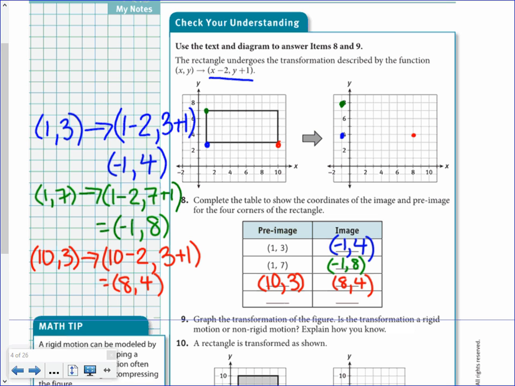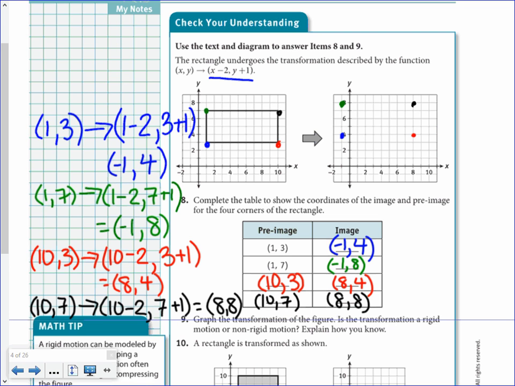And then the last one, our top right corner, is currently located for our pre-image at 10, 7. And so if you apply the same formula, 10 is our x, and our y is 7, we are going to end up with 8, 8 for our image coordinate.